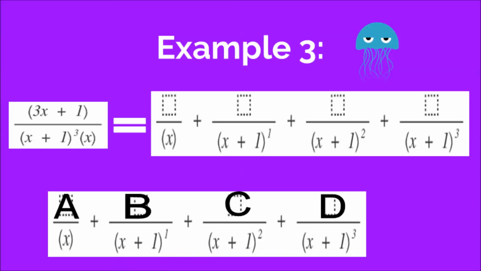Okay, now, when we're assigning what to put in the numerator, we must remember that these are all linear polynomials. And you might be thinking to yourself, we have a linear raised to the power of 2 and a linear raised to the power of 3 in the denominator. Aren't these quadratic and cubic? Well, in this situation, what we do is we pretend that they are linear raised to a power.